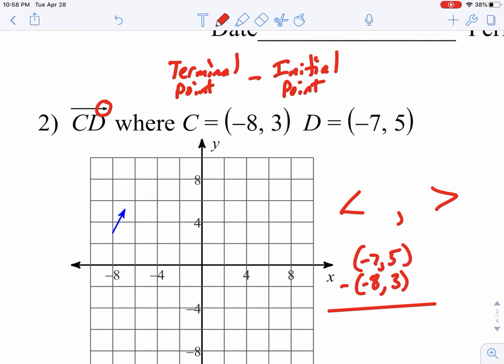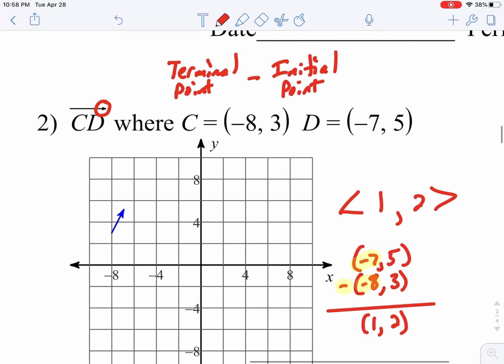So yeah, it's just a subtraction problem. -7 minus -8 is, let's see, minus minus turns to plus, so that's 1, and 5 minus 3 is 2. So 1, 2 is our component vector.